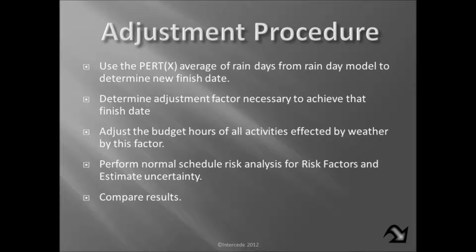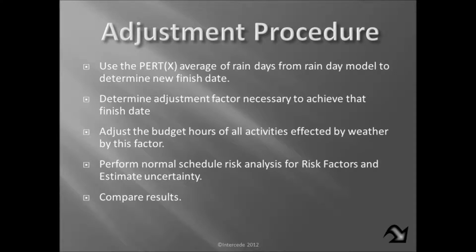Once we've got that, that's going to give us a duration, and from the new duration divided by the old duration, we're going to have a factor to adjust the budget hours of all of the activities affected by weather. In this particular case, that is all activities, since this is a construction schedule here in the Gulf Coast, where everything is performed pretty much outside.